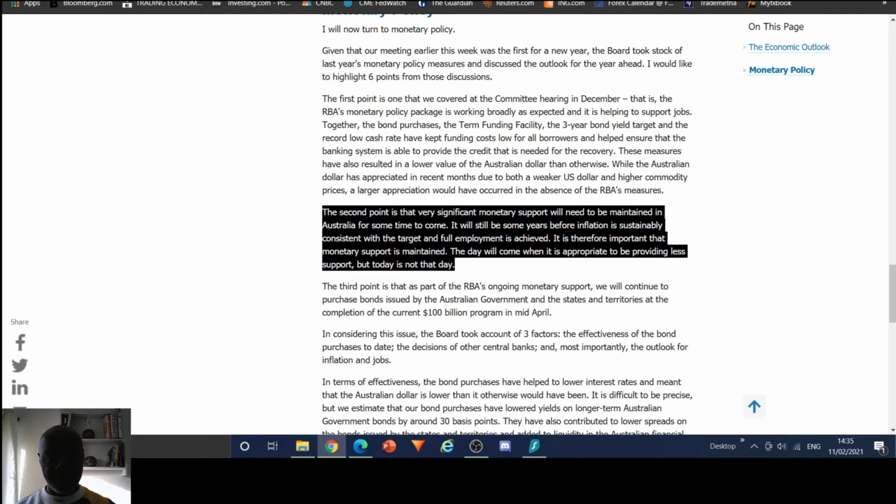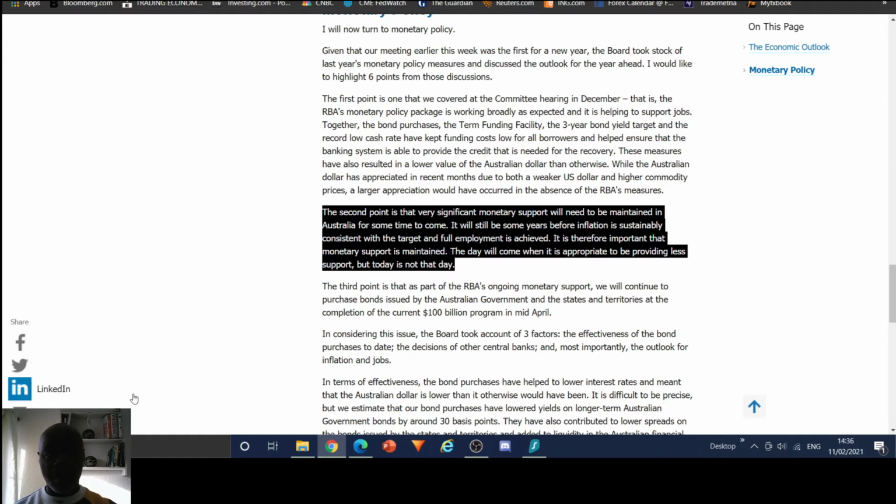The RBA has several goals: to keep inflation under control within a certain upper and lower band, to try and get full employment in the Australian economy, for the well-being of the Australian people, and to keep their currency stable. So that is the mandate of the RBA, the Australian central bank.